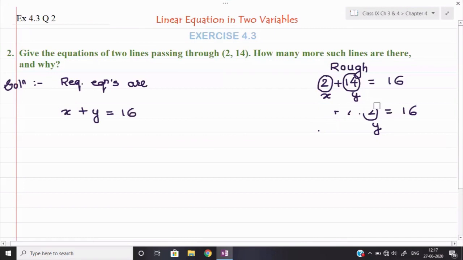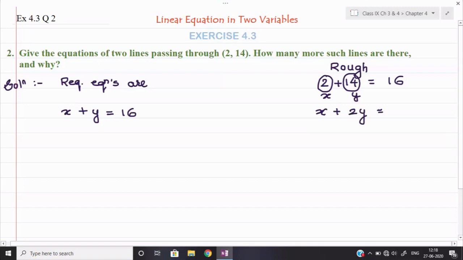Okay, so I will make some changes in the first equation only. Let's see how we can make some change. We require the answer always which is passing from 2 comma 14. See how easily we can make it here. I require this value 2 comma 14 only. So suppose I write down one equation, x plus 2y. Just writing any equation over here, x plus 2y, is equal to, we have to calculate.